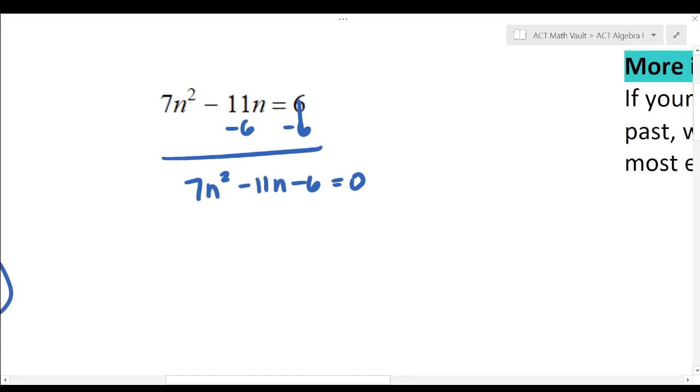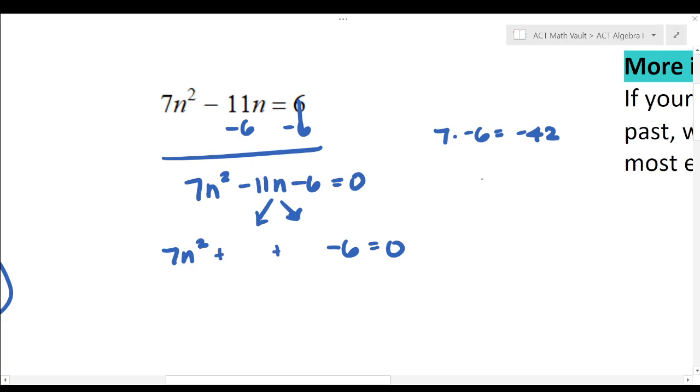So I want to use the split the middle process here, where I go 7 times negative 6 is negative 42, and I'm just thinking of two numbers that multiply to negative 42 and add to negative 11 because I want to actually split this up. So 7n squared, bring down the minus 6, and there's going to be something here and something here.